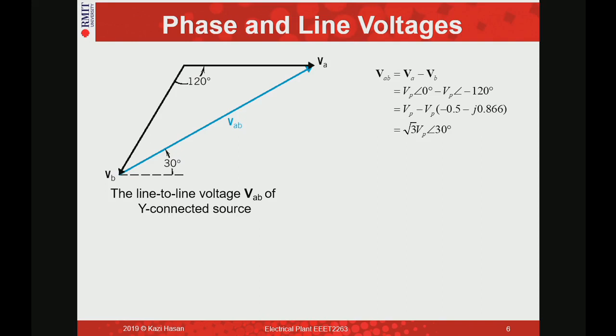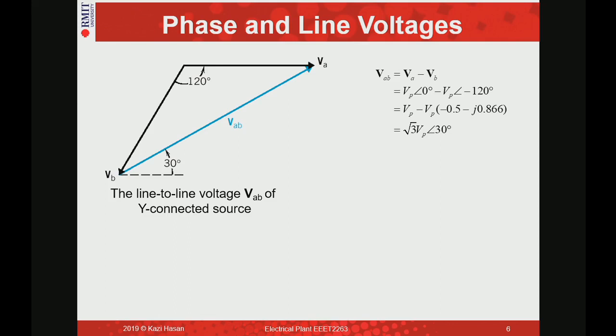So how do we get VAB? VAB is VA minus VB. So the blue line here shows VAB. And we put the value of VA, that is a phase voltage. Angle is 0. Again VB, another phase voltage. Angle is minus 120 degree.